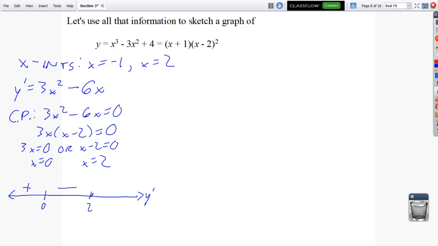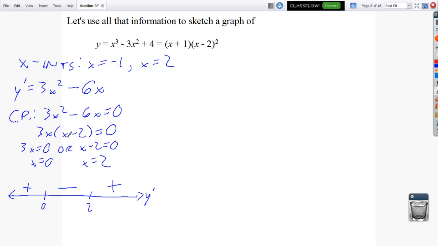Looking a little bit further, bigger than 2: bigger than 2 is positive, so this factor is positive, and bigger than 2 minus 2 gives me positive. Positive times positive means positive. Doesn't work for you? Use 10,000. 3 times 10,000 is 30,000. 30,000 times 9,998 is pretty darn positive, isn't it?